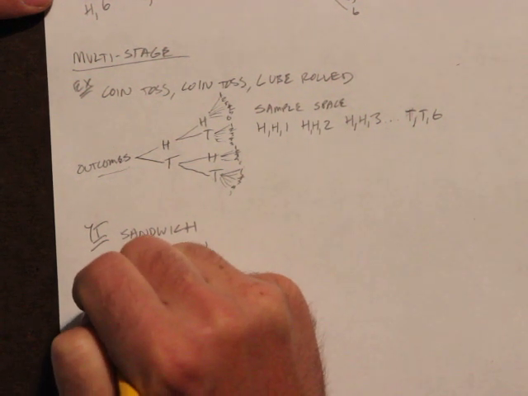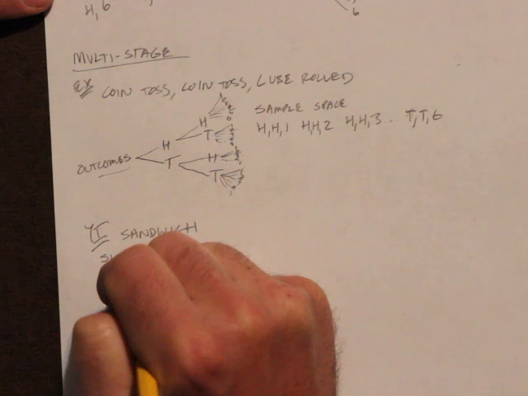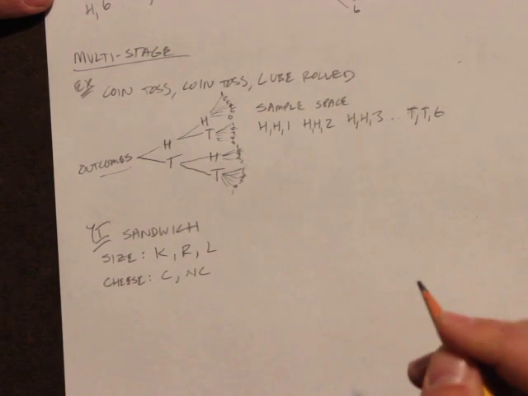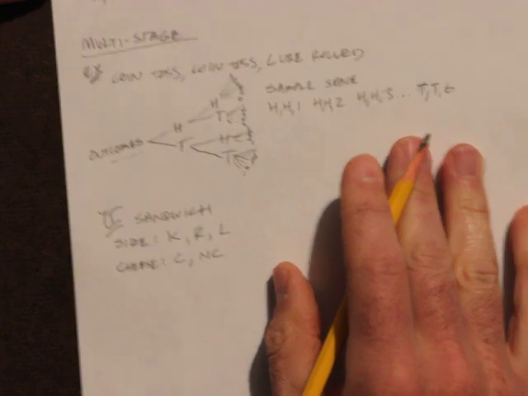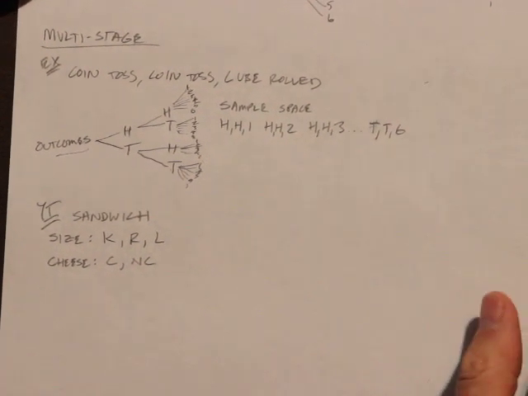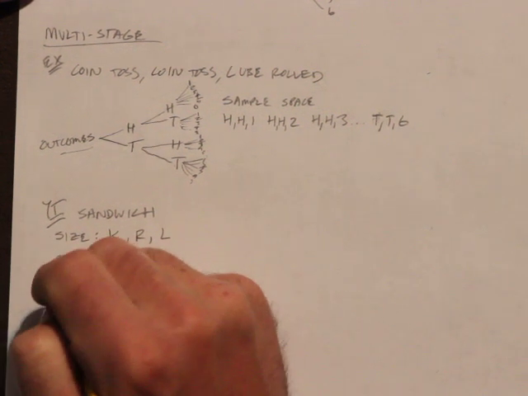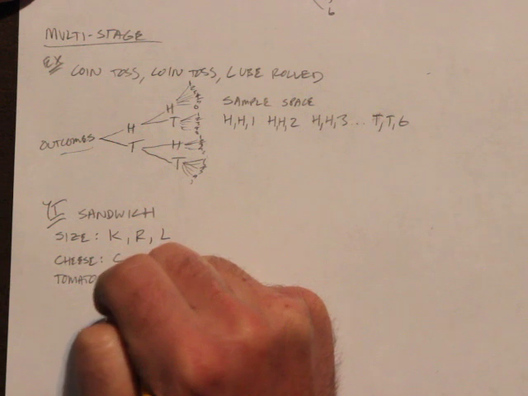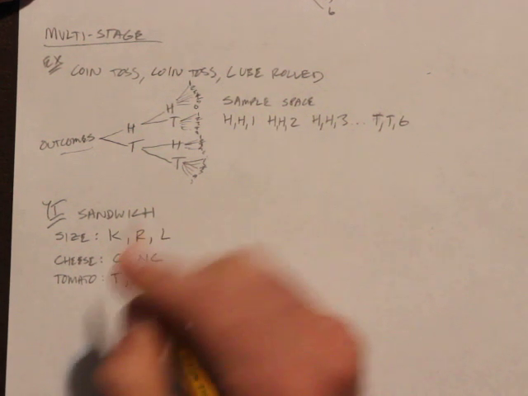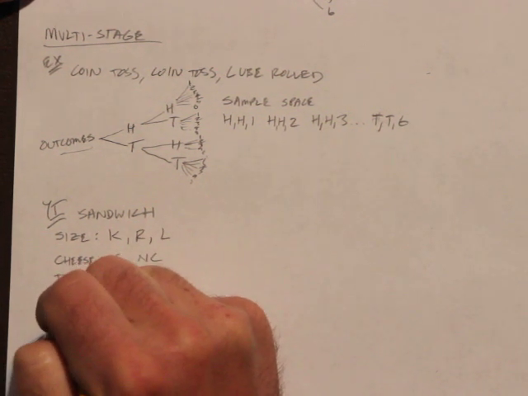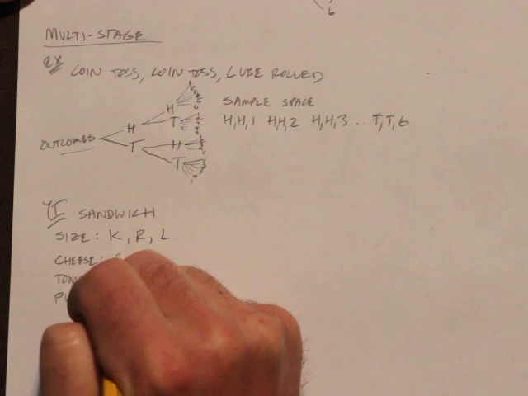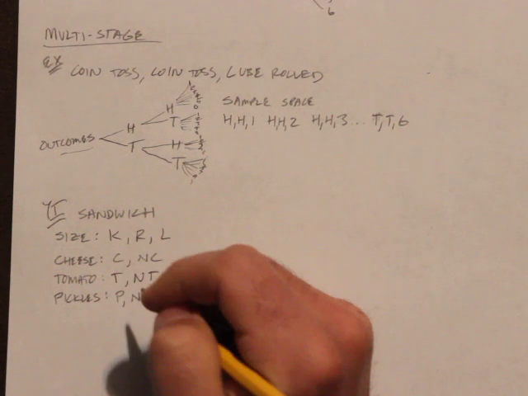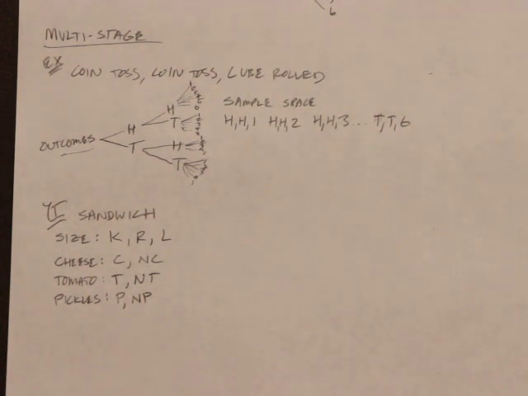Your cheese is going to be cheese or no cheese. You can have tomato or no tomato, T or NT, and you can have pickles or no pickles. So these are all of the choices that you can make for your sandwich.